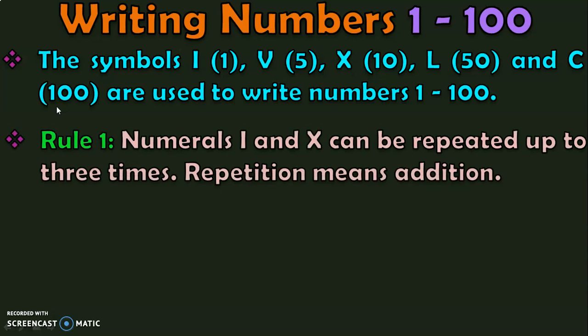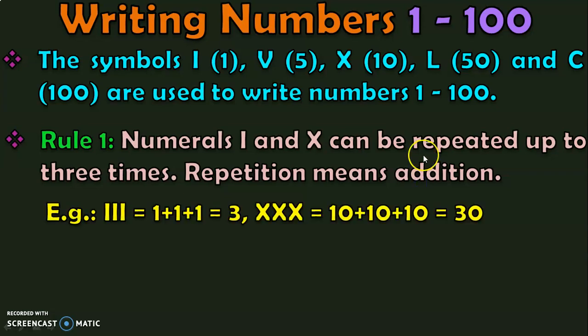Rule number 1 is, numerals I and X can be repeated up to 3 times. Repetition means addition. Hope you remember these rules that you have learnt in your class 4. Let us see this with an example. I represents 1. When you repeat it 3 times, the value becomes 1 plus 1 plus 1, which makes the value 3.